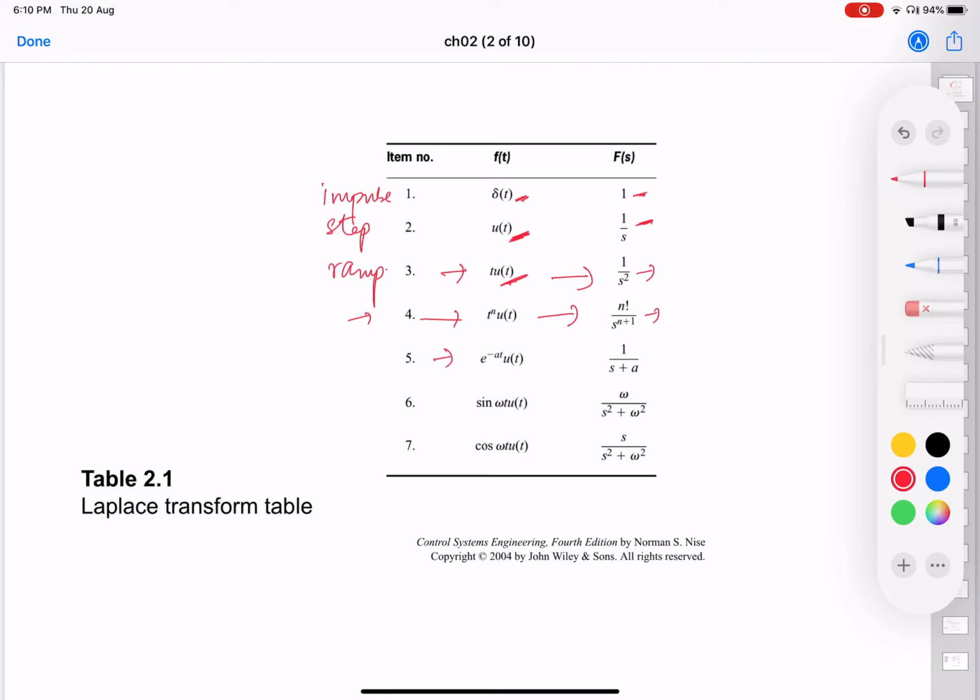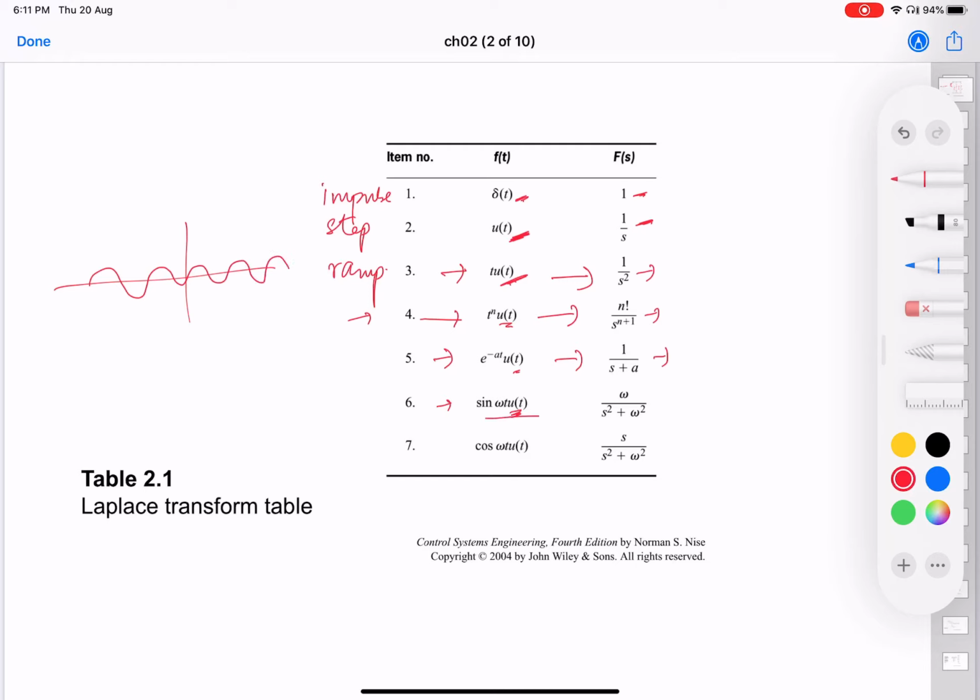This is an exponentially decaying input, e to the power minus at u(t). You can find out the transfer function 1/(s plus a). This is a sinusoidal input which actually starts at time t equal to 0. That is why it is multiplied with unit step. All these inputs are multiplied with unit step. So suppose you have a sinusoidal signal which is like this, right?